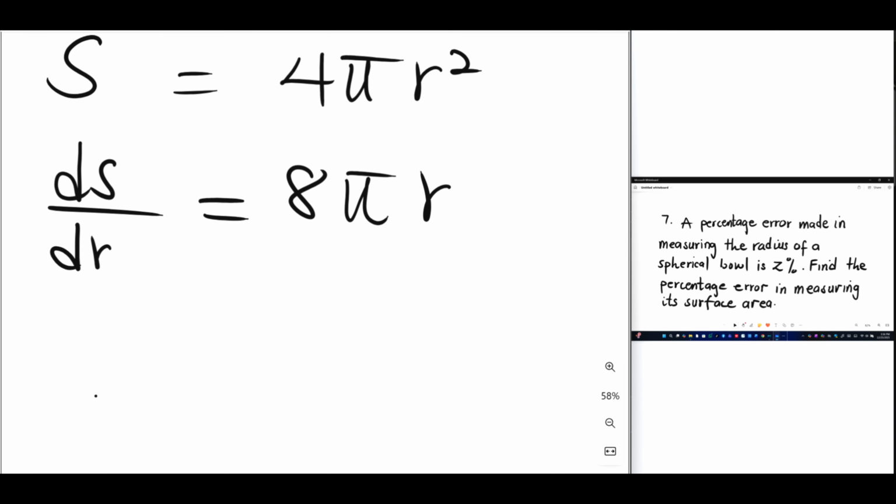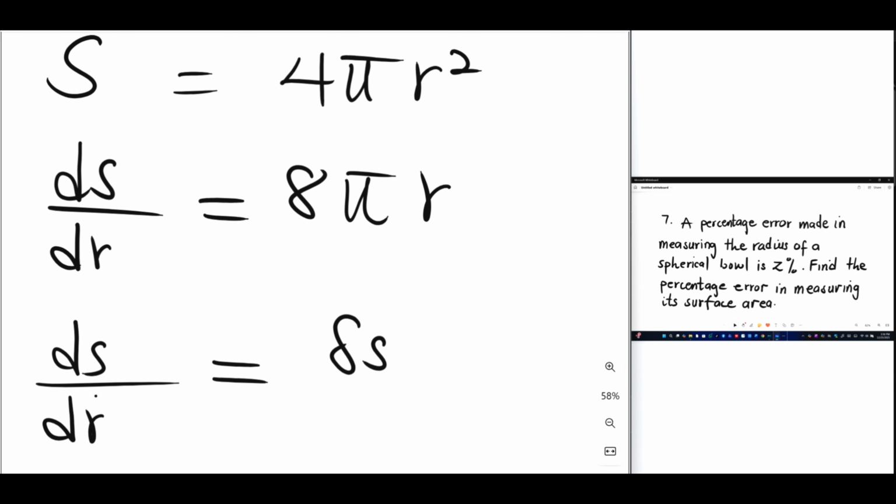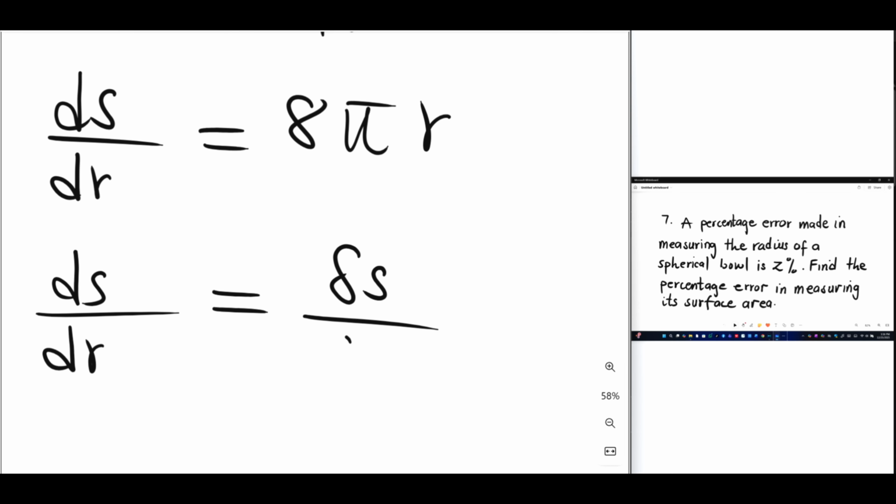And we know that the change in the surface area with respect to its radius is approximately the same as the small change in the surface area divided by the small change in the radius, that is, the small change in the surface area as a result of the small change in the radius of that same object.